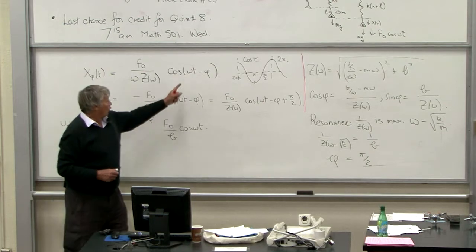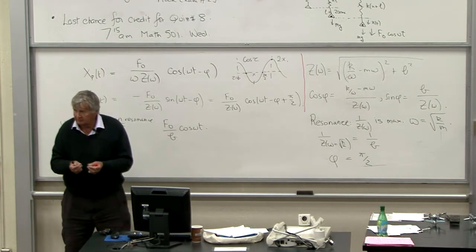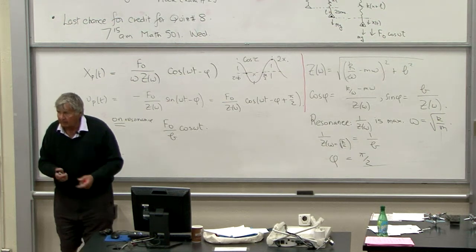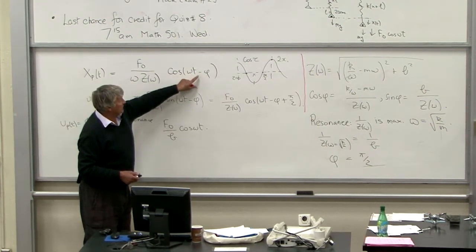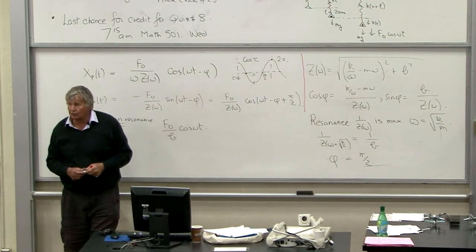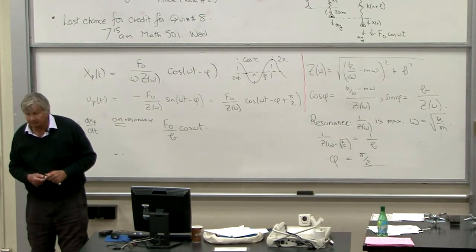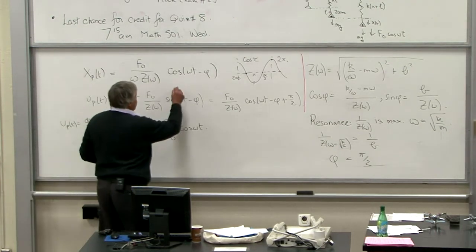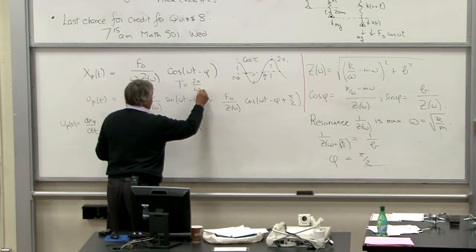It would be omega t has to be 2 pi. Okay? Because the cosine of omega t minus phi plus 2 pi is the very same as the cosine of omega t minus phi. So the period of this is 2 pi over omega.